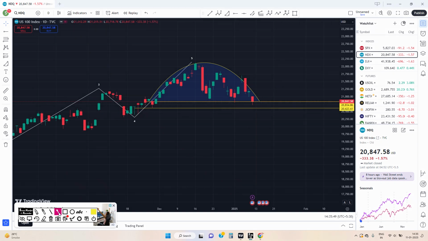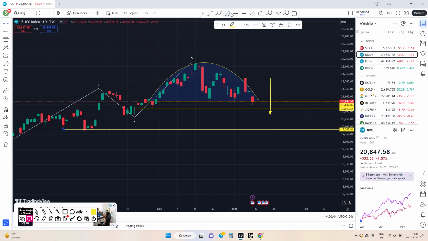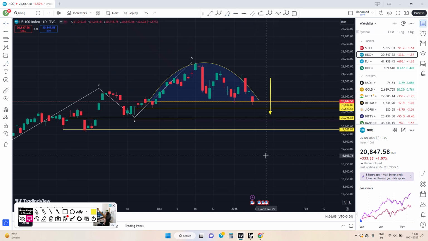If the index breaks this level, then we may see another downside target, and my dear friends, that will be almost near this level. And there is some support over here where we may see a bounce, and that will be this level.